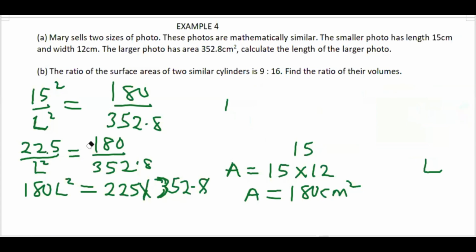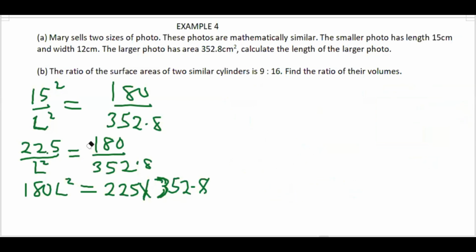If we further simplify this, we are going to get 180 L squared equals 225 times 352.8, which should give us 79380. So we remove this coefficient first before we remove the power.